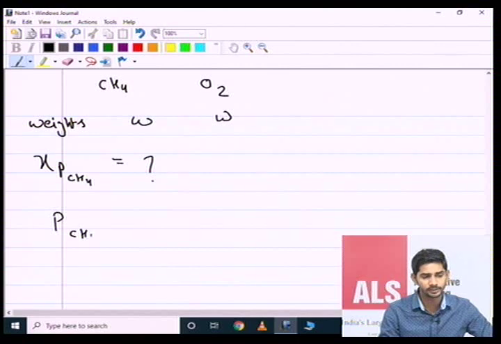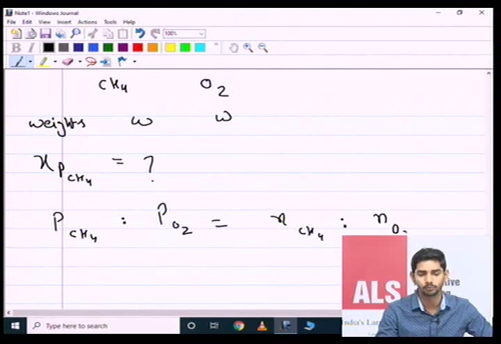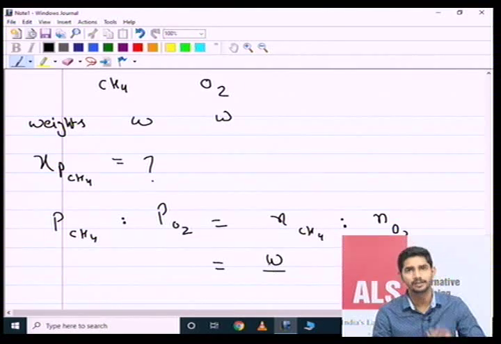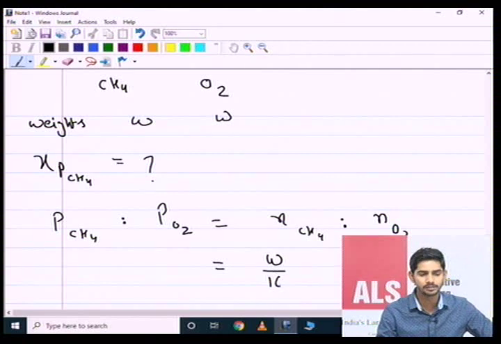That the pressure of CH4 to the pressure of O2 should be equal to moles of CH4 is to moles of O2. Moles are nothing but given weight upon molecular weight. So given weight is W, which is not given to us, so I have considered it as W, and molecular weight is 16, so W upon 16 is to W upon 32. Just solve this.